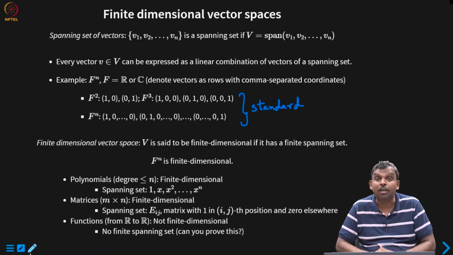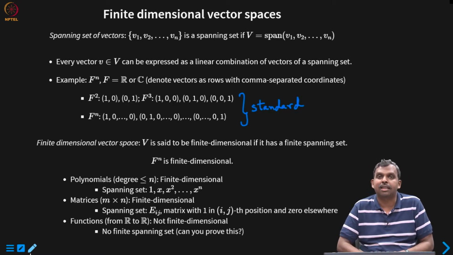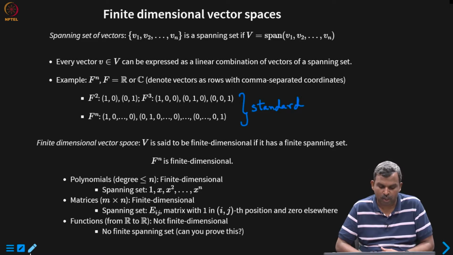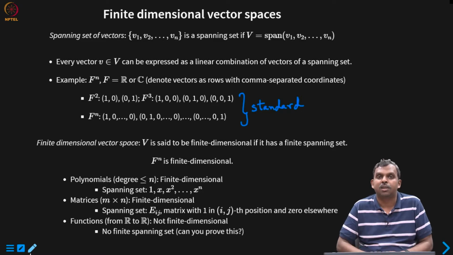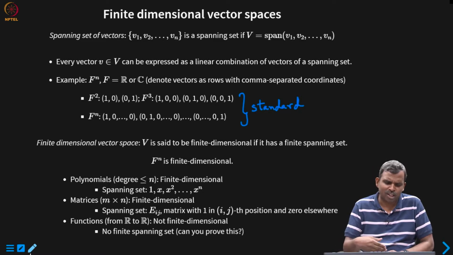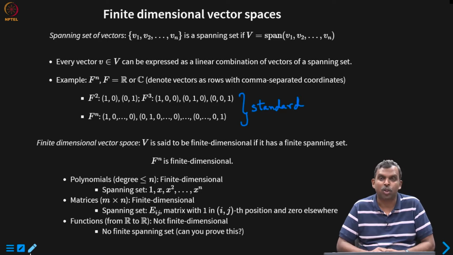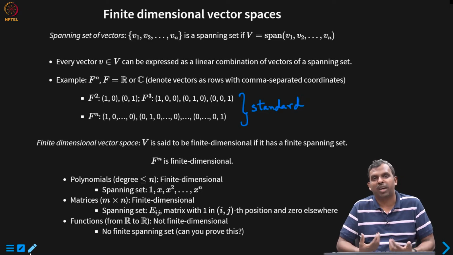But here's an example. Out of all the examples we saw, the last example, the functions from real numbers to real numbers, ends up not being finite dimensional. There is no finite spanning set. Think about how to prove it. The proof is already on this page. You can go back and look at the polynomials and argue that if you have all types of functions, then your polynomial need not be of finite degree.